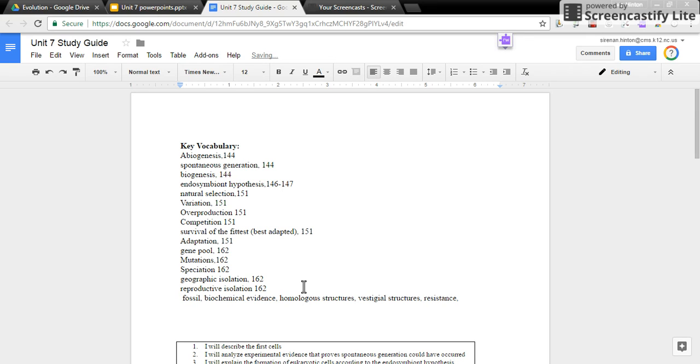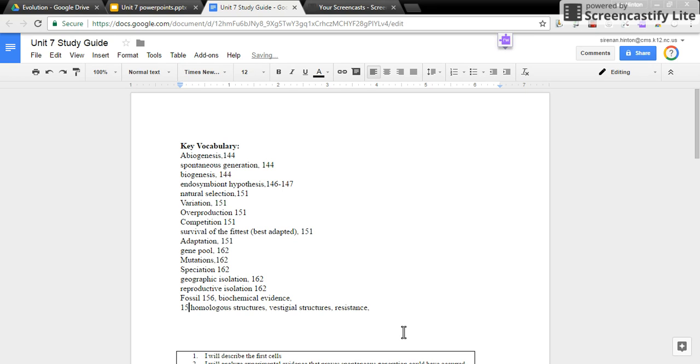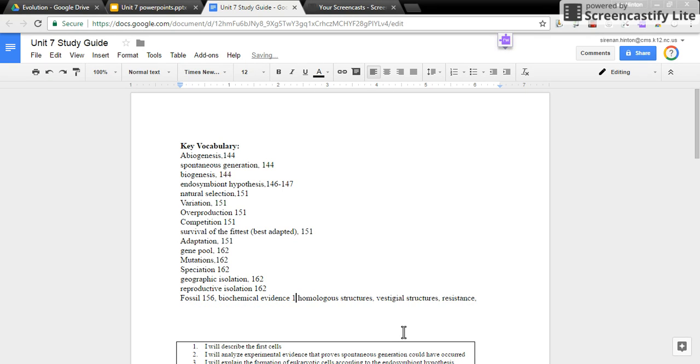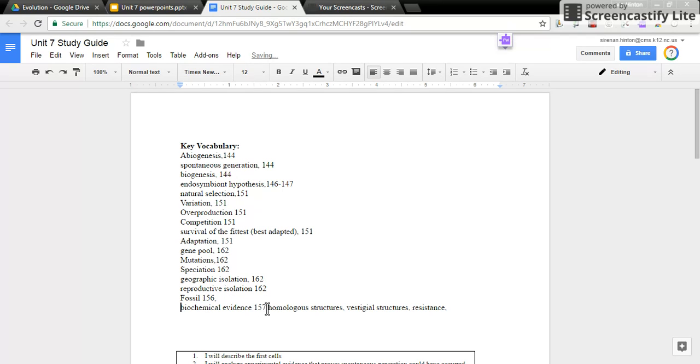Fossils. Fossils are on page 156. Biochemical evidence is on page 157. Homologous structures on page 156.